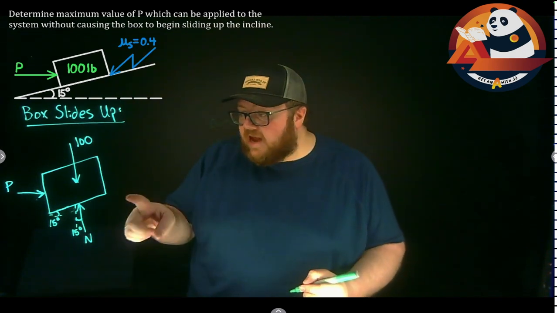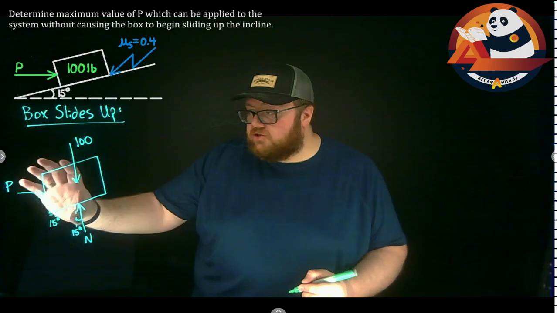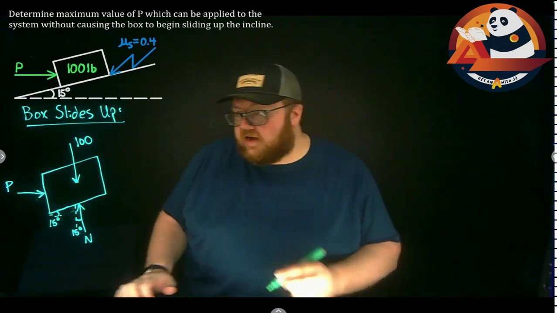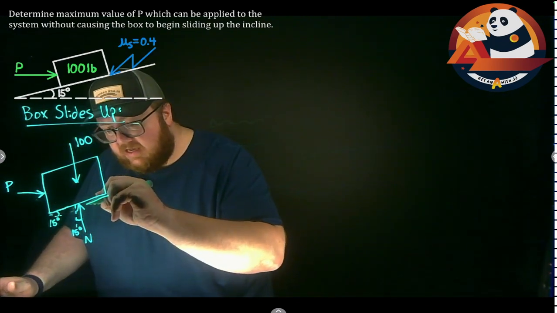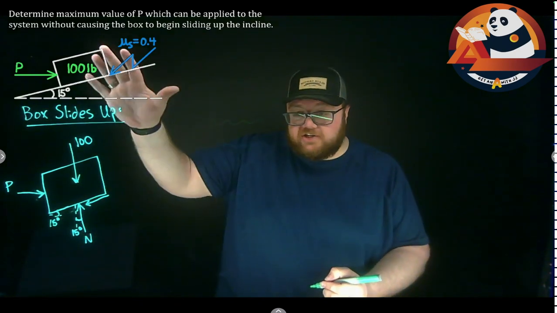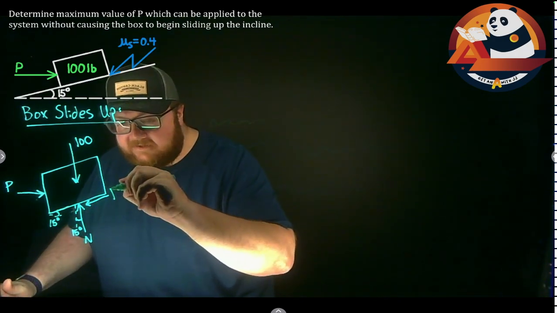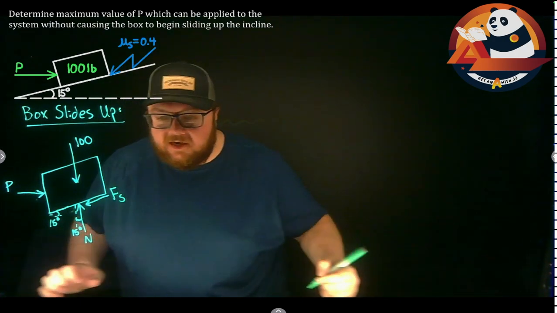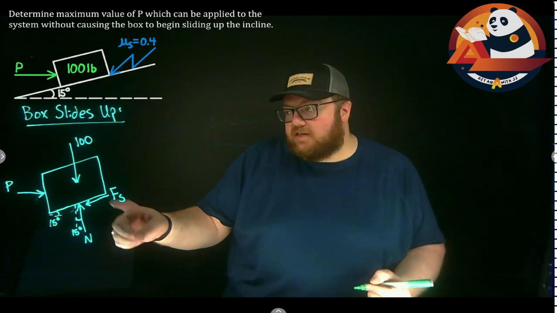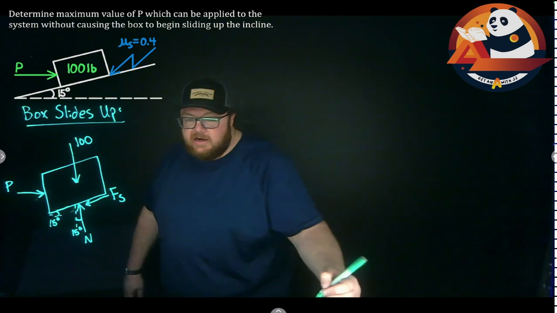And then our very last thing we need is a friction force in here. Friction should resist motion. If I'm about to slide up the incline, my friction should be pointing down the incline. I know I'm about to slide. We're checking sliding in here, not tipping. So I'm going to call this Fs, that maximum static friction force, because it's not going to be the maximum force P if we're not just about to start sliding.